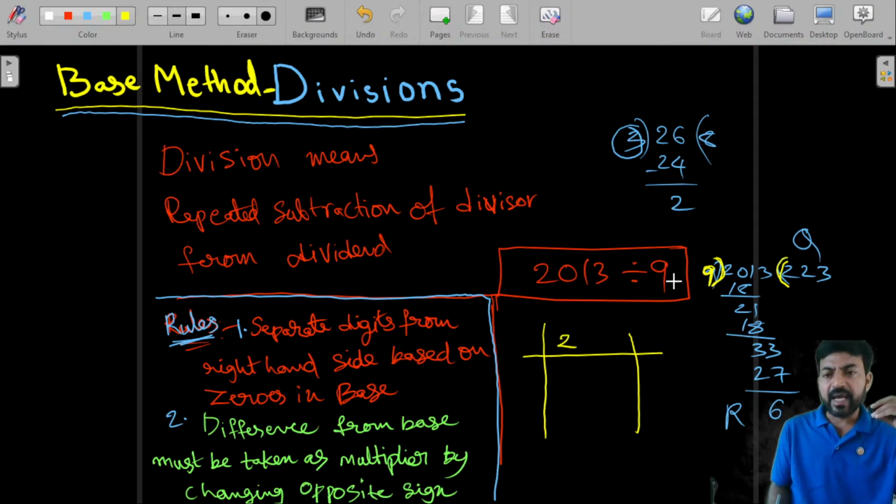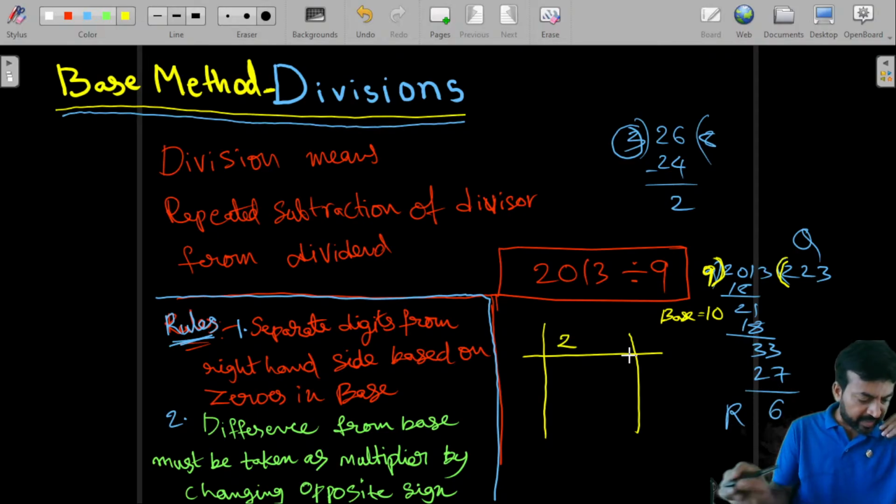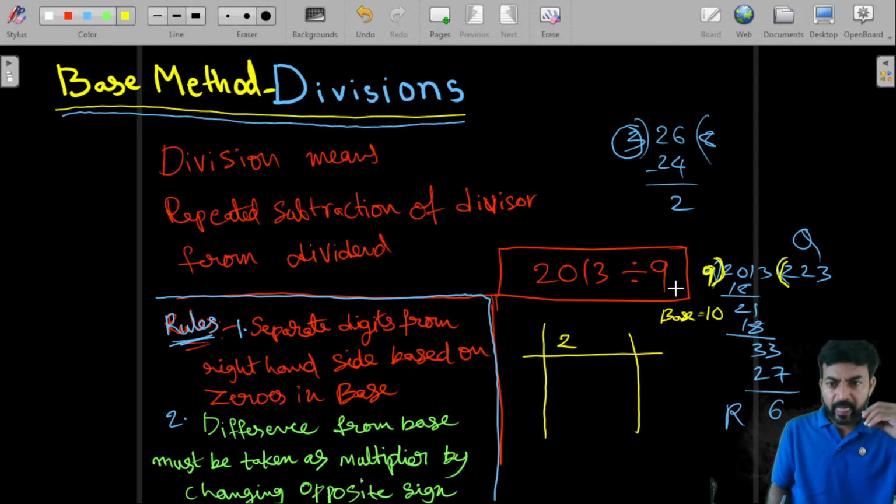This is 9. 9 is nearest to 10, right? You can take base as 10. Remember, if you take base as 10, what is the difference between base and this number? 1. So multiplier is 1.